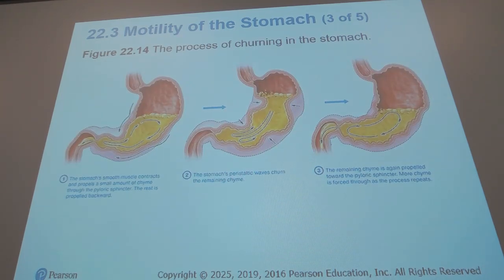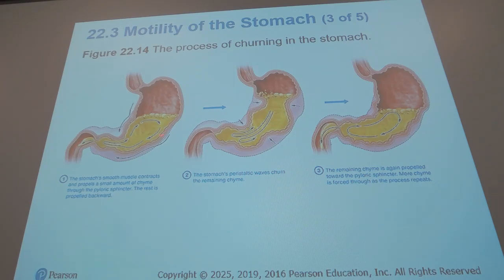Now, your stomach, with the presence of gastrin, is going to have different types of movement. So your stomach is going to have contraction of these smooth muscle cells that is going to start the propelling of small amounts of chyme into your pyloric sphincter, helping to open this pyloric sphincter. Then the rest will be propelled back.